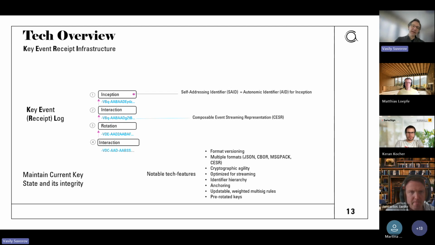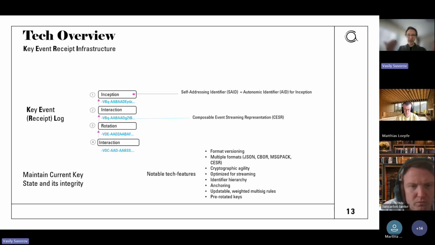The way that works is you specify information about yourself, you calculate the hash, you encode that hash, you put it inside of your event instead of the placeholder, and therefore you know what the hash of this event is, and that becomes your identifier. By this process, it's evident why it's called self-addressing.